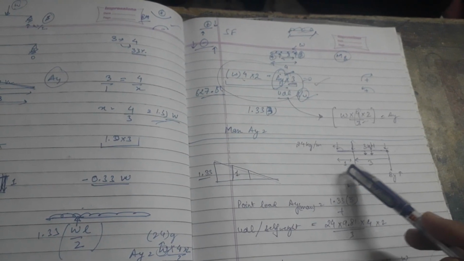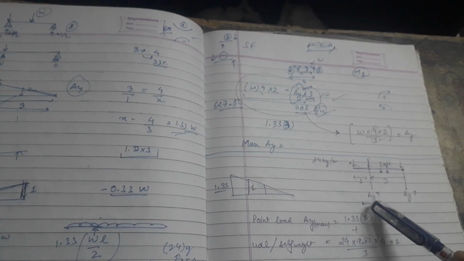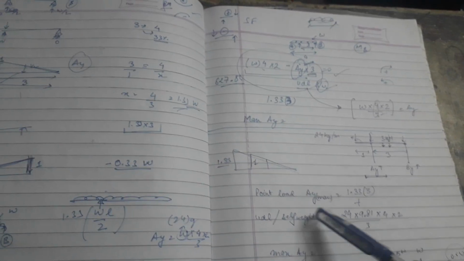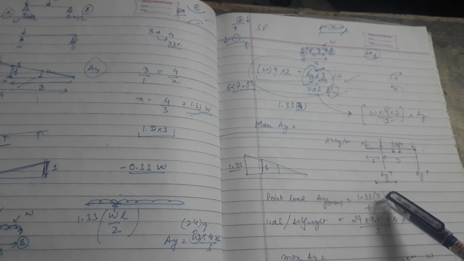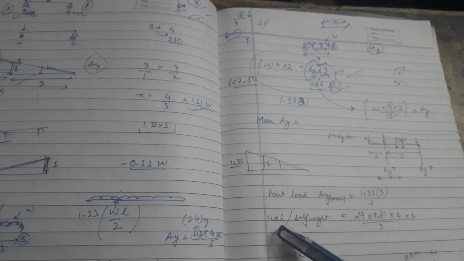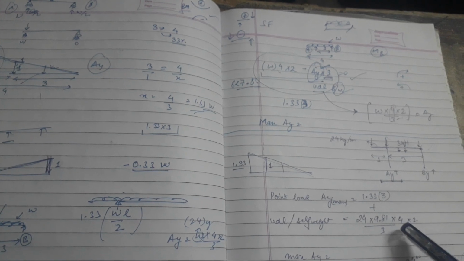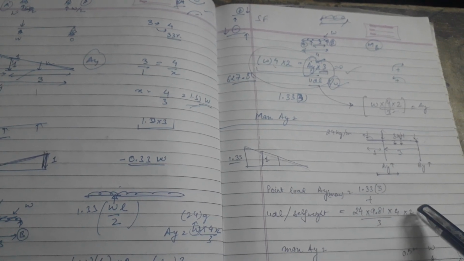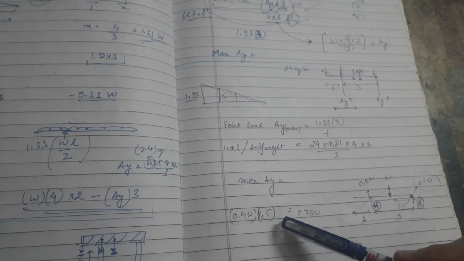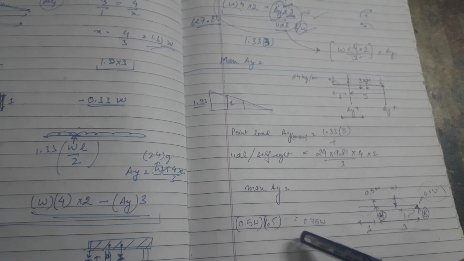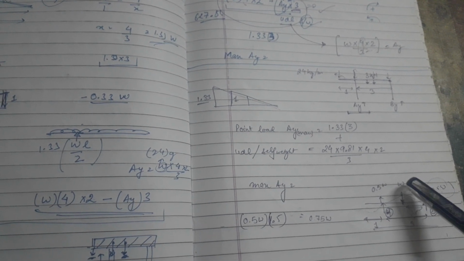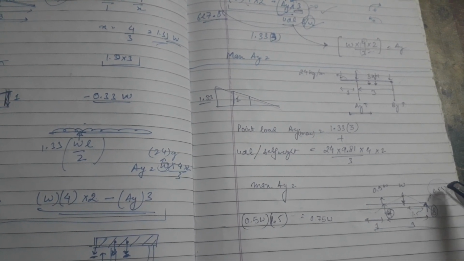This can be the shear force. Then AY maximum is equal to 1.33 into 3 plus self weight, which is 24 into 9.81 into 4 into 2 divided by 3. Maximum AY, 0.5 into 0.5 W into 1.5 is equal to 0.75 W.